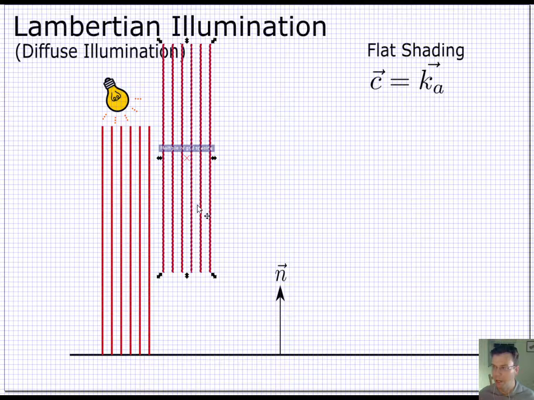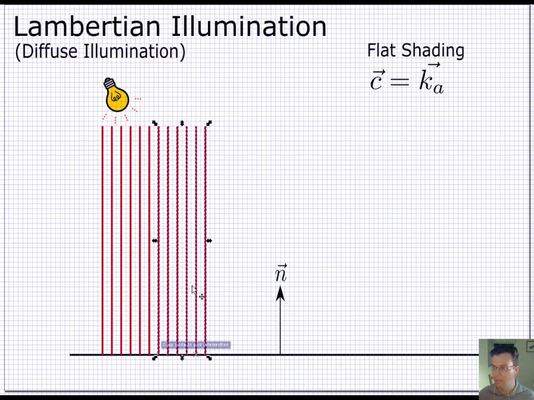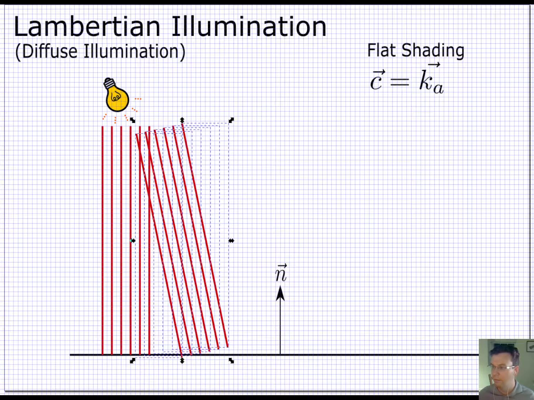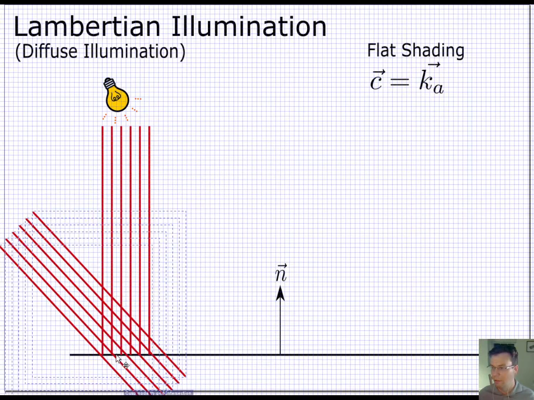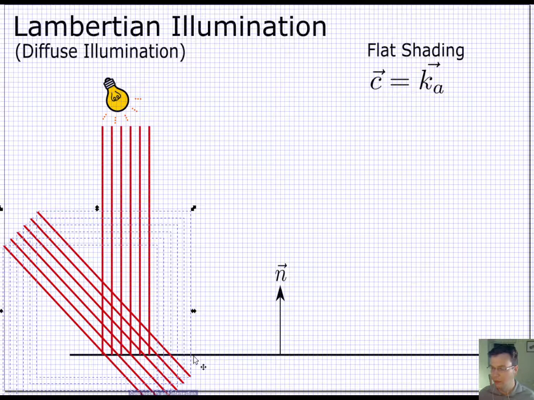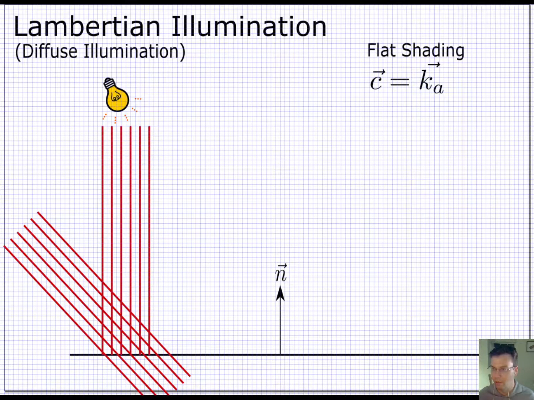But by contrast, if I take the light rays and I rotate them by some angle, what I see actually is the same number of rays covers a larger area. So it's less dense. So just to draw it on here, see these rays take up this much area, the original ones. They take up that much. Let me make that nice and big there so you can see it.